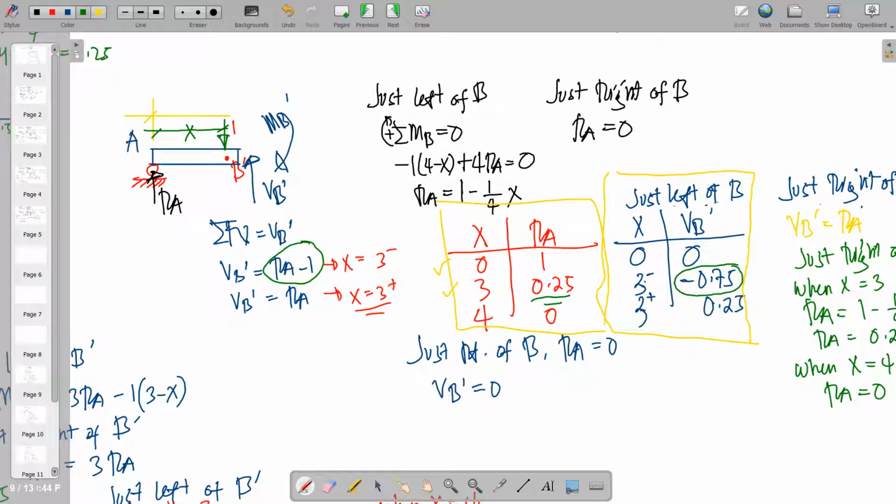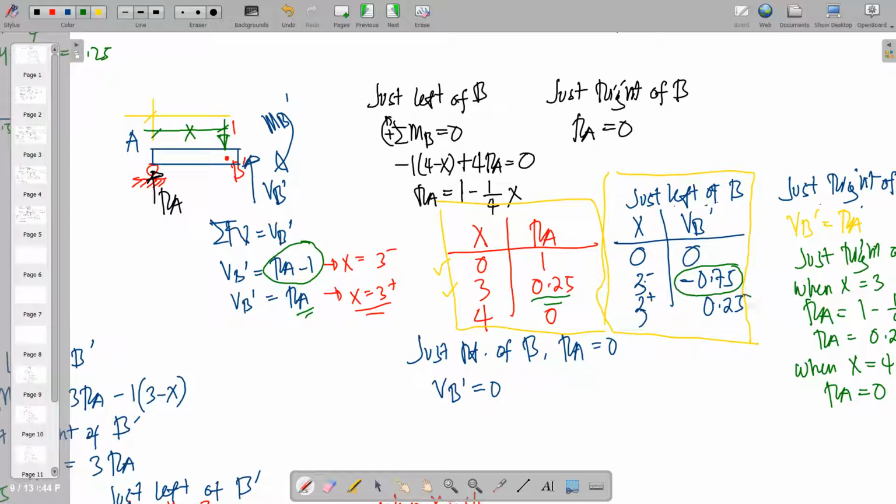And then 3 plus. So if we have a 3 plus, then for RA, we use this. VB prime is always equal to RA. And your value at 3, value of RA is 0.25. So we'll just copy this.